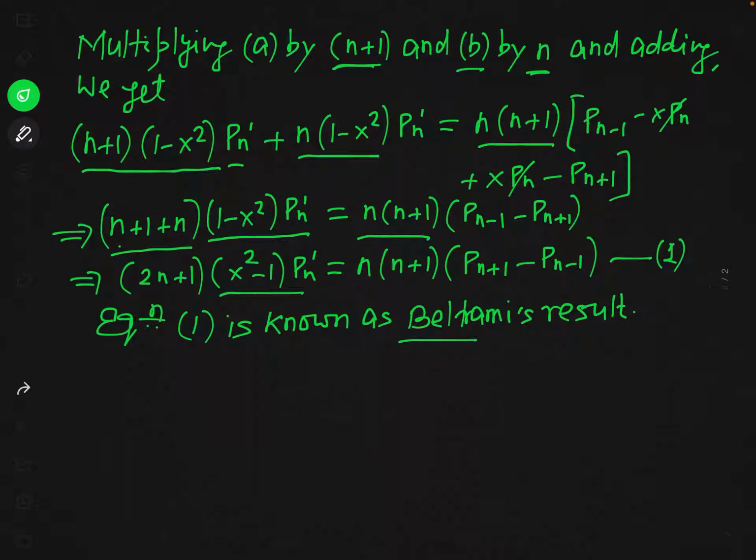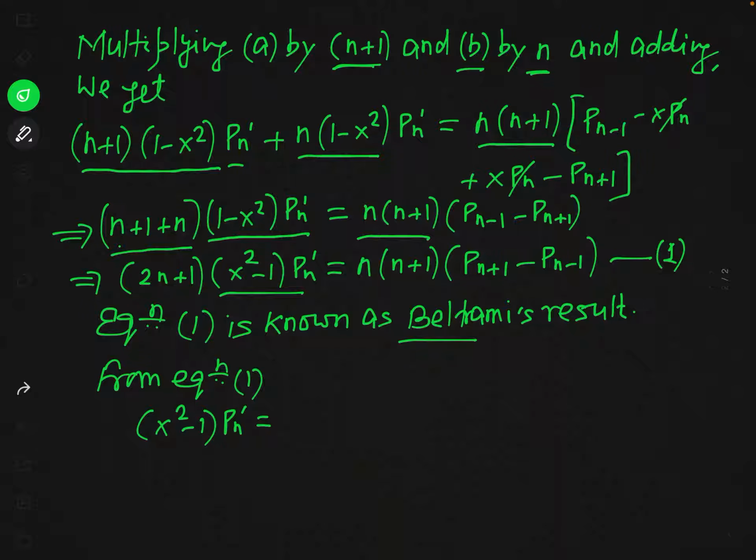Now using this Beltrami's result we will be able to evaluate the given integral, and for this you can see from equation 1 what will be the value of (x square minus 1) times Pn prime.